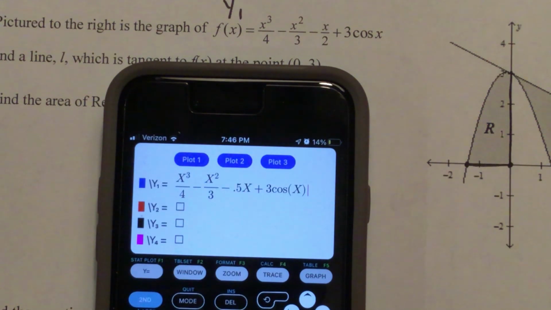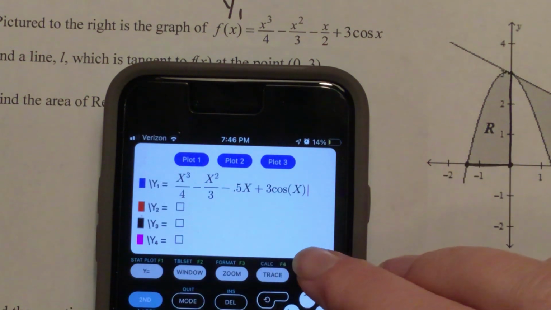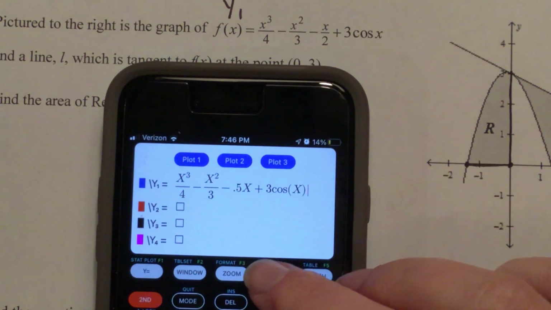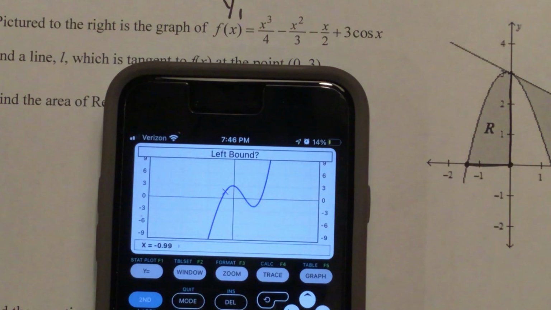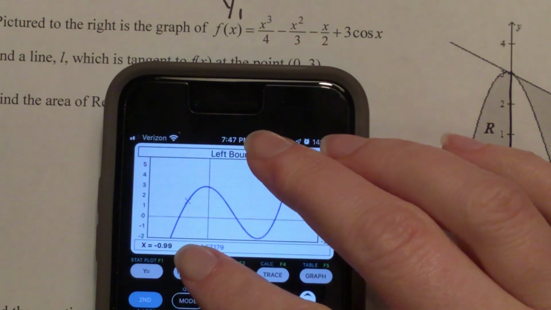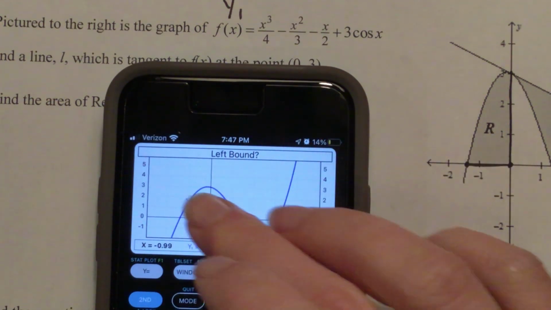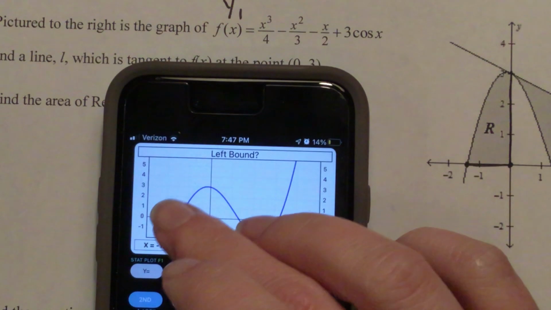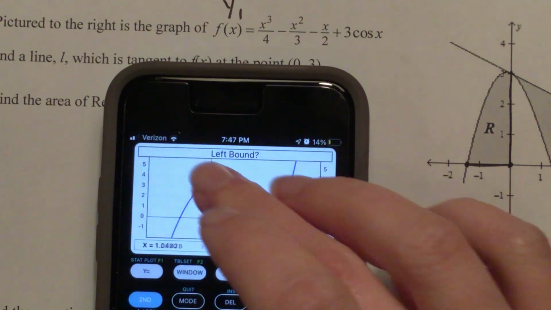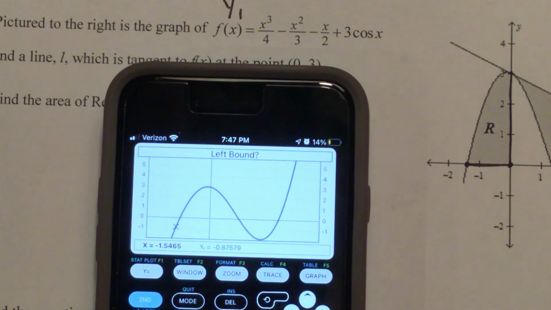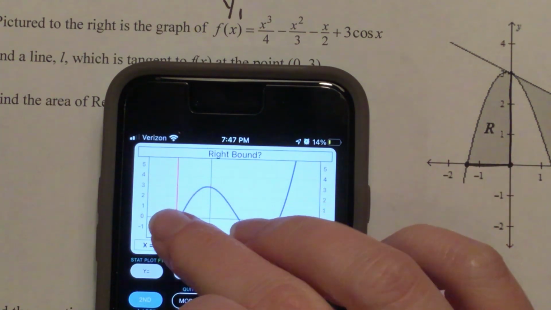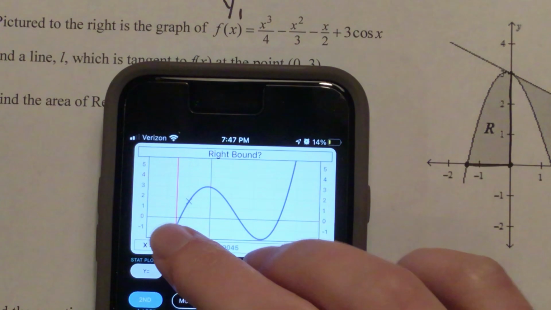Okay, so I've got my y1 plugged in, and I'm going to go to second and then trace to get to that calc menu, and I'm going to hit number 2 for a zero. That's literally all I'm looking at. We're looking for this zero over here. So we're going to start, I've never done it on this calculator before. Oh, I just hit trace. Okay, that's my left bound and my right bound.